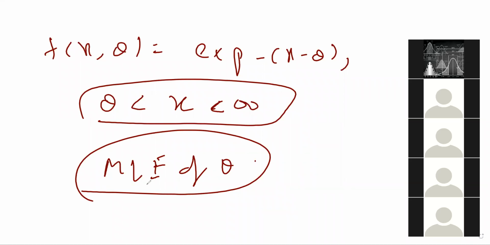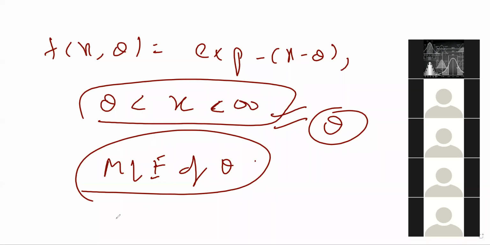This is a different question, because here the range of x is depending on theta. So the way of solving the problem will change. Can anybody tell me how to solve this one?